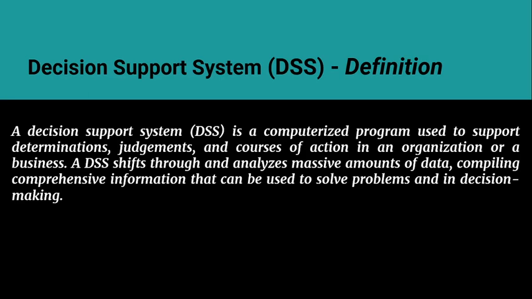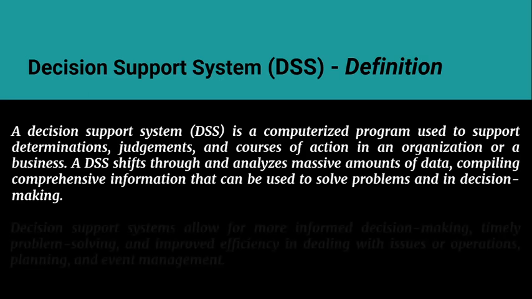It sifts through and analyzes massive amounts of data, compiling comprehensive information that can be used to solve problems and in decision making. In plain and simple terms, we can define decision support system as that type of computerized information system that helps the managers or the managerial personnel to take their decisions, right?